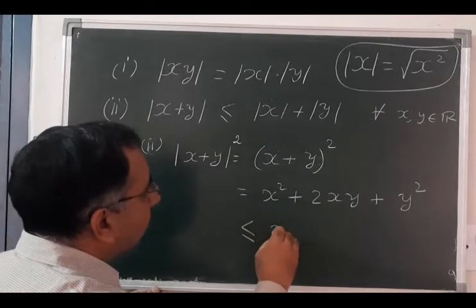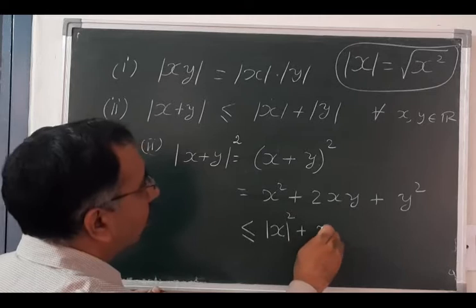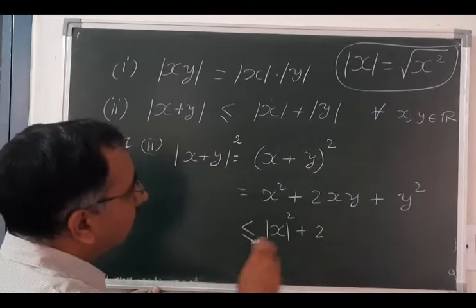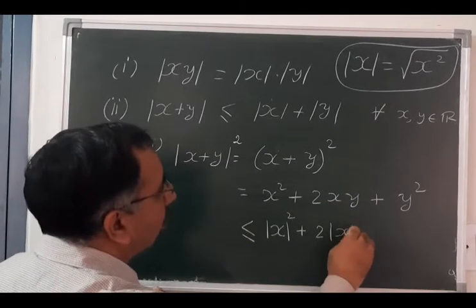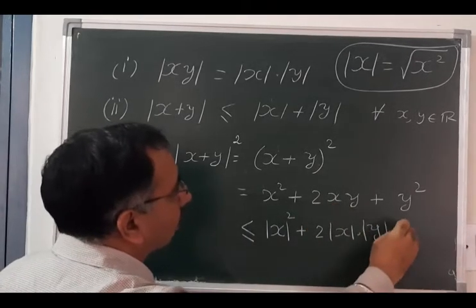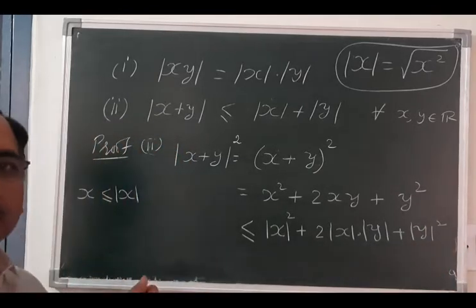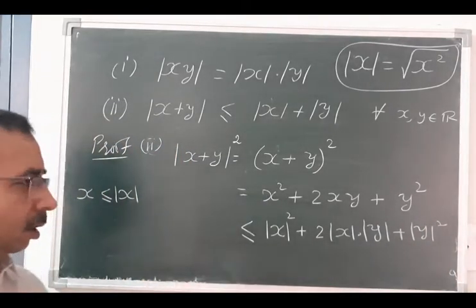So here I don't write equality. Now I write less than or equal to. In place of x squared, I write mod x squared. For 2, I write 2. But for this x, it is less than or equal to mod x. For this y, less than or equal to mod y, plus mod y squared. Clear?